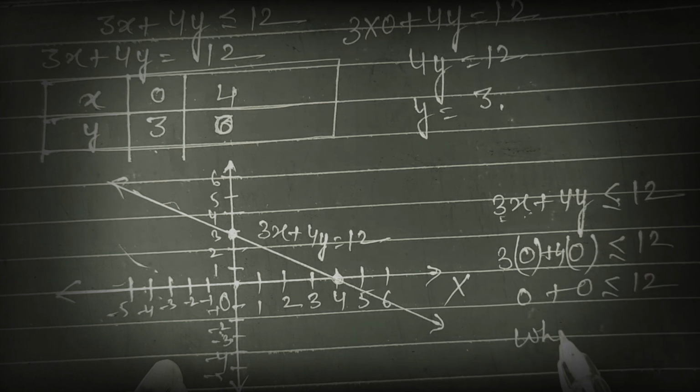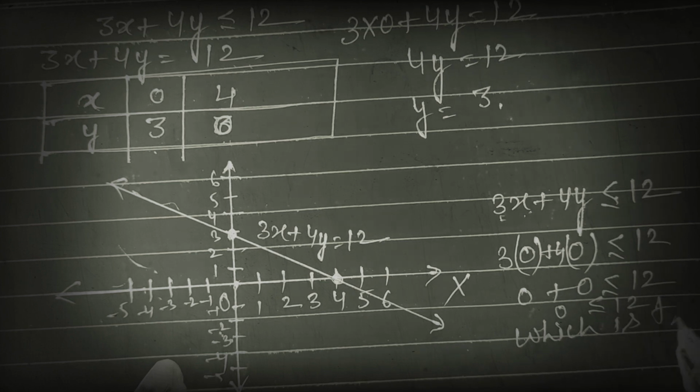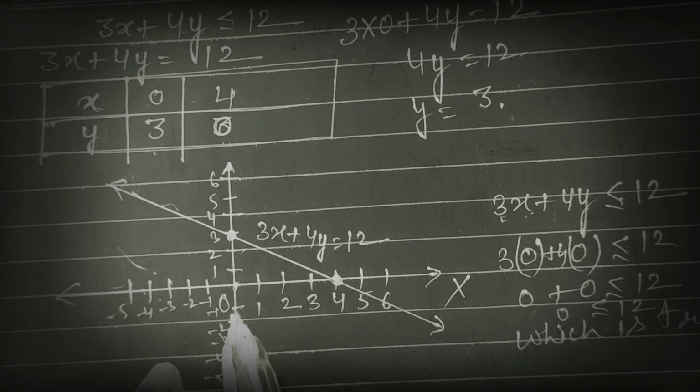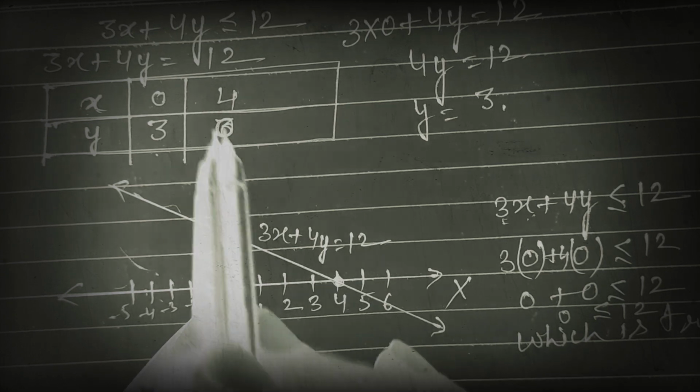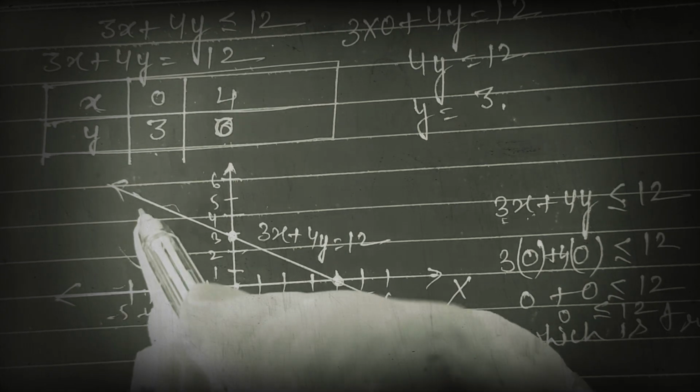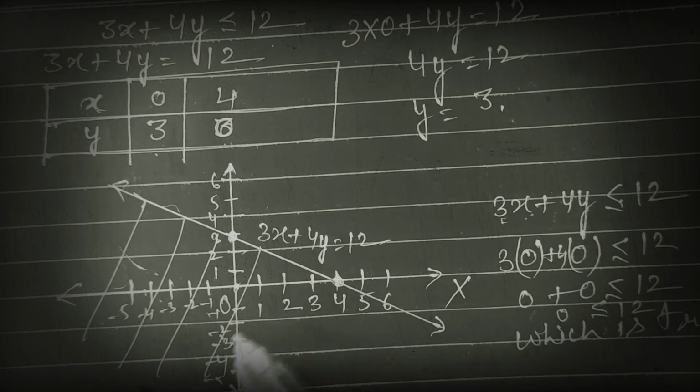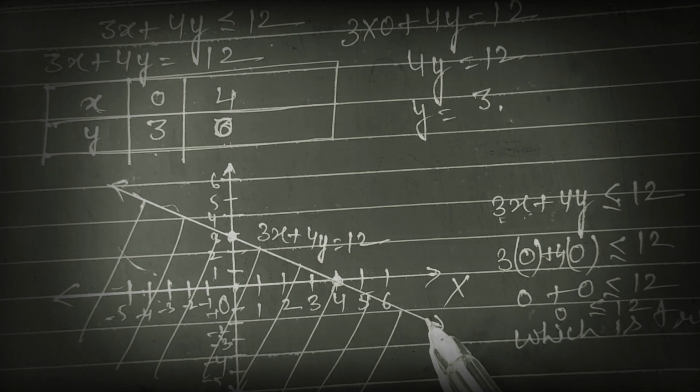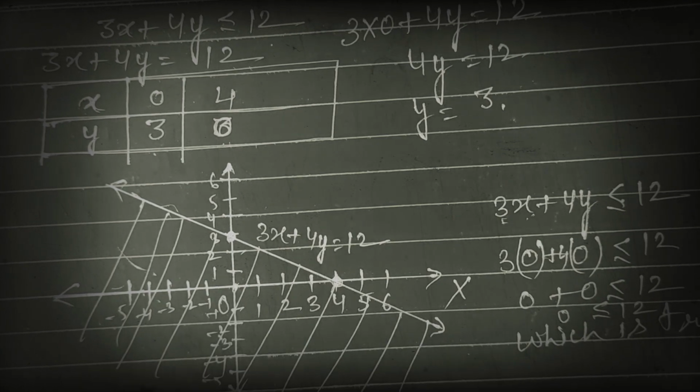Yes, it is true. 0 is less than 12. That means 0, 0 satisfies this inequation. So the shaded region will be towards the origin.